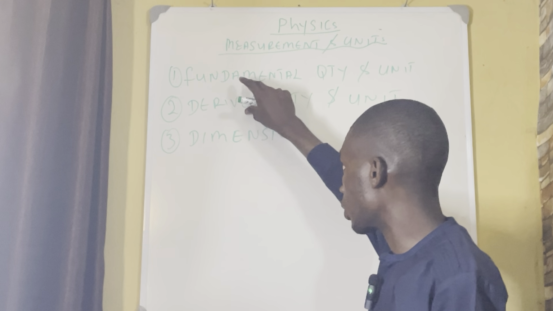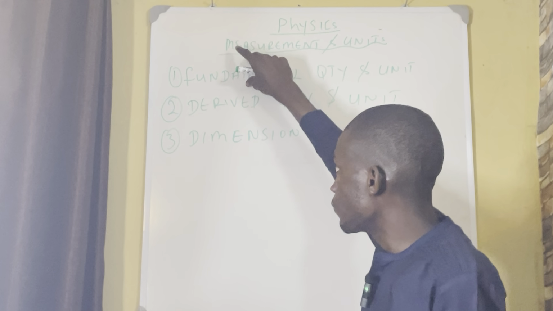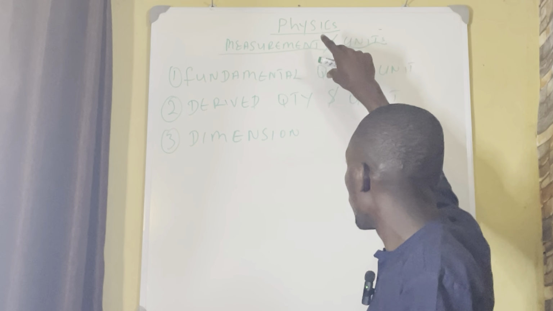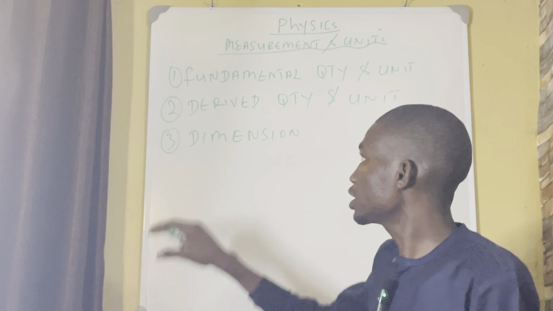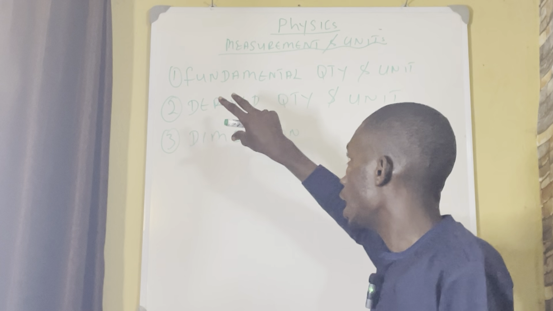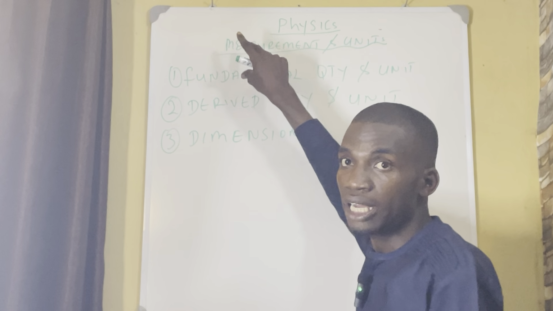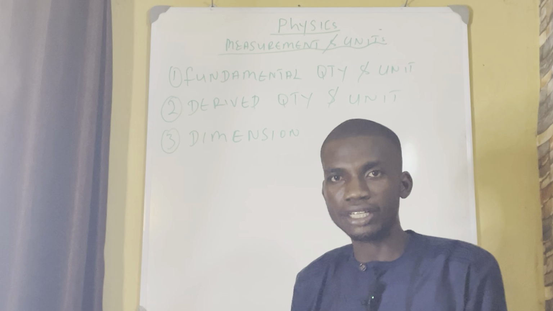The derived quantity is gotten from fundamental quantity. The dimension is gotten from fundamental quantity. Do you understand?